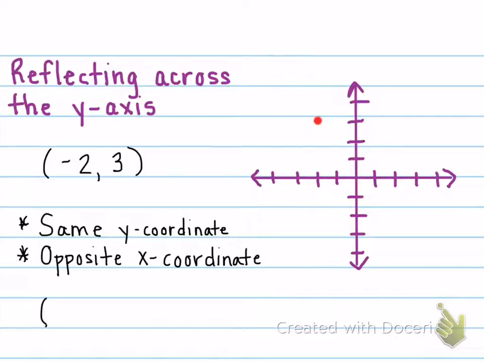So if I'm going to do that, the same y-coordinate that keeps 3, and then the opposite of -2 is +2, so it's 2, 3.